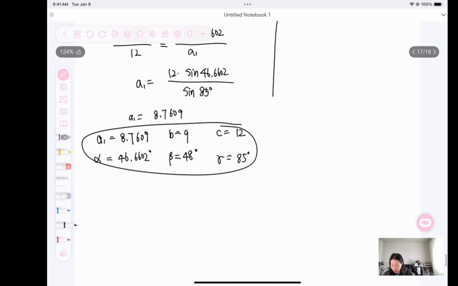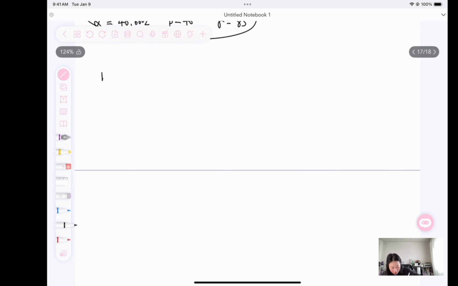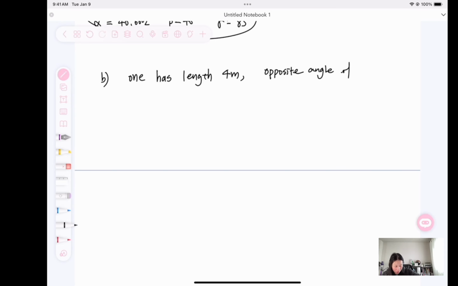All right, let's take a look at this one. In a triangle, one side has a length of 4 meters and the opposite angle of 15 degrees, and the second side has a length of 10 meters.